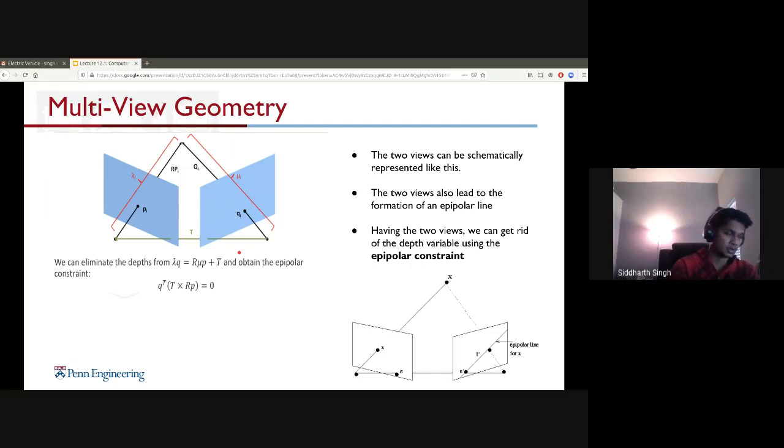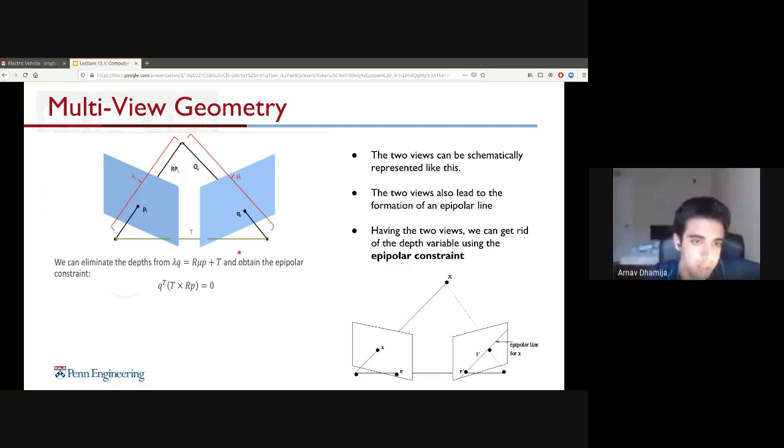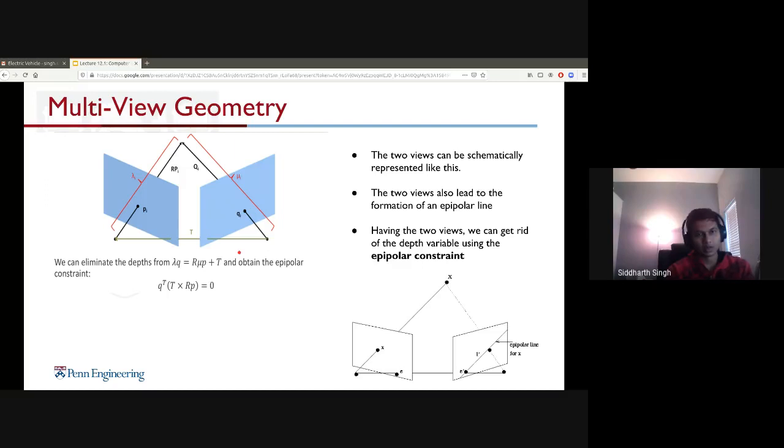Because this is a very important concept to go forward. I have one question. Yeah. With what is the rotation R with respect to? Rotation R is the rotation of the vector. So this R is transforming this point in this coordinate frame to this coordinate frame, right?